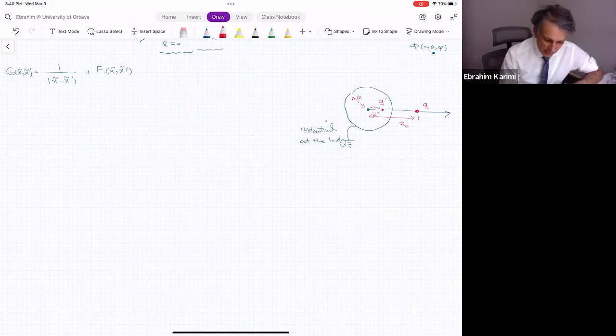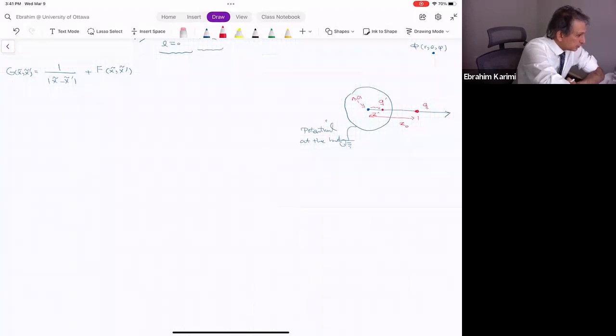We did the mathematics, and I'm just looking at your book to find what the result was for this. Oh gosh, your book, Classical Electrodynamics.